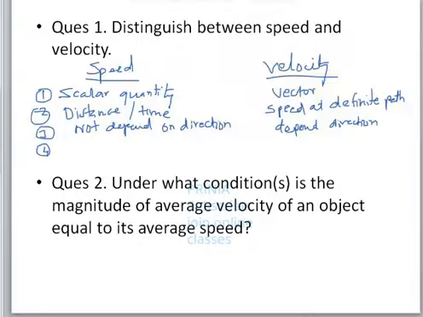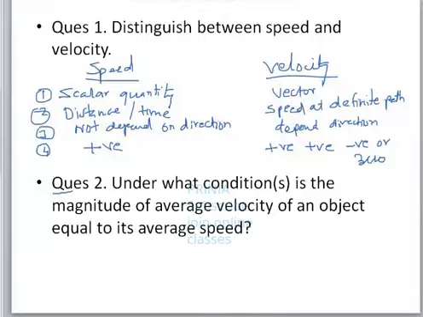Fourth, speed can never be negative, that is, it is always positive. Speed is always positive, whereas velocity is either positive or negative, or zero also. Okay, so this is the difference between speed and velocity.